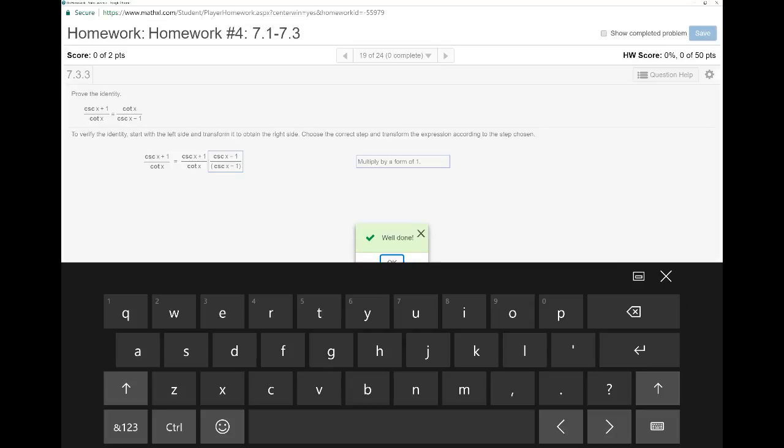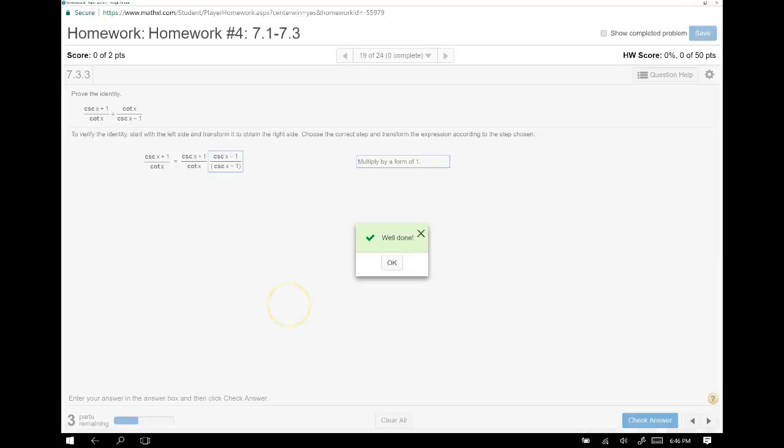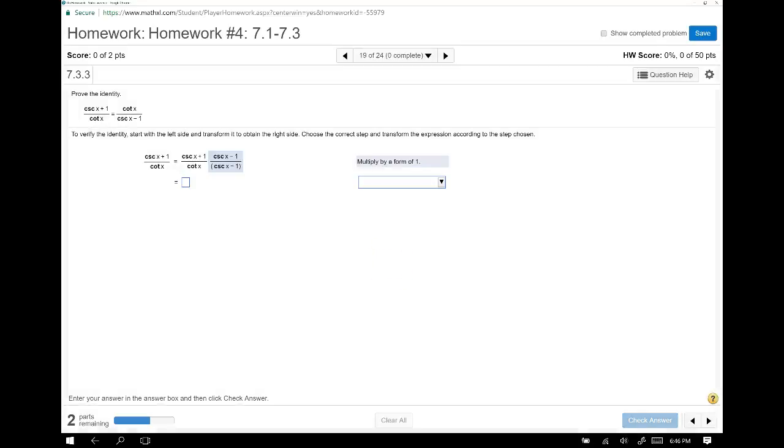There we go. They just wanted to know the fraction that we were multiplying by, which was the Pythagorean conjugate, cosecant x minus 1 in the top and the bottom.